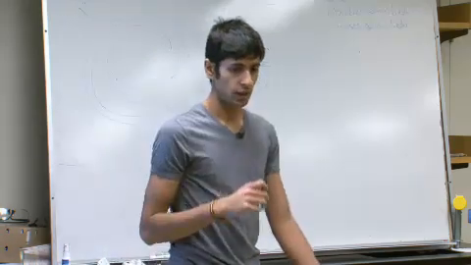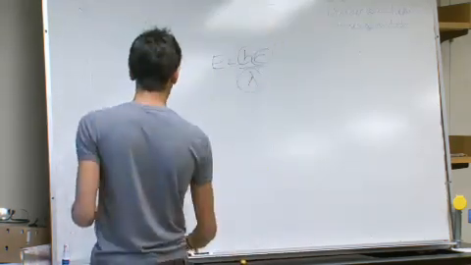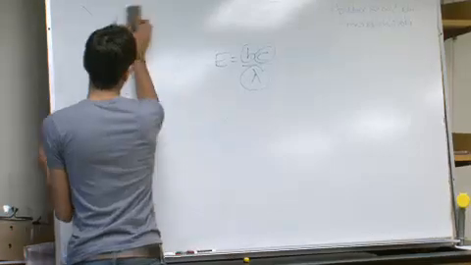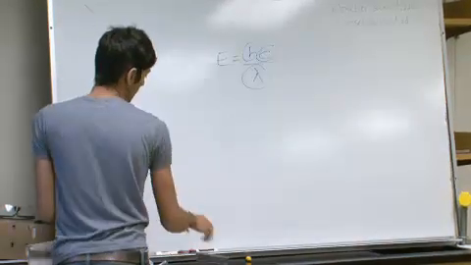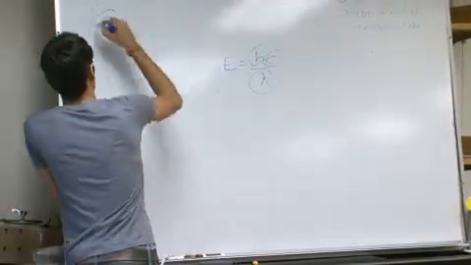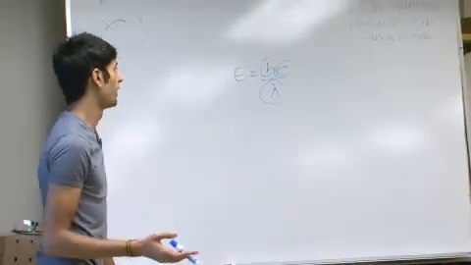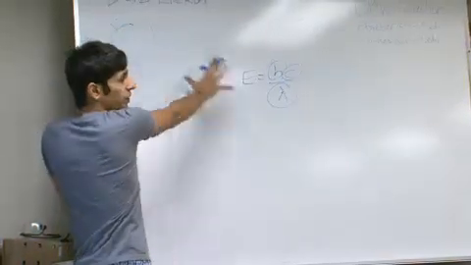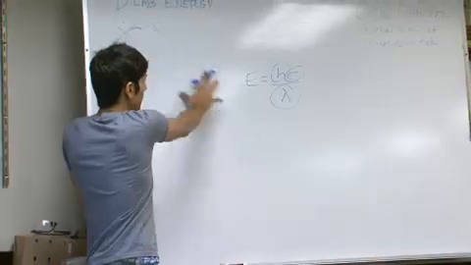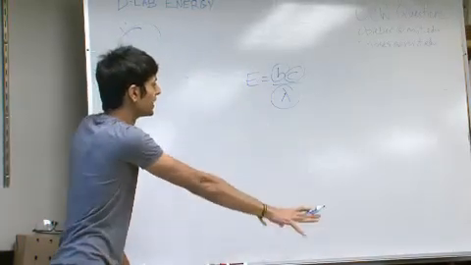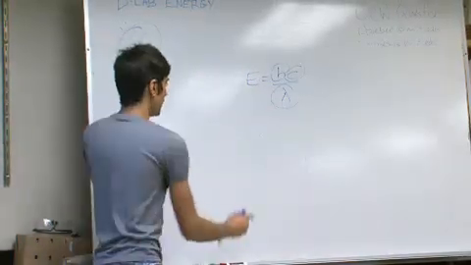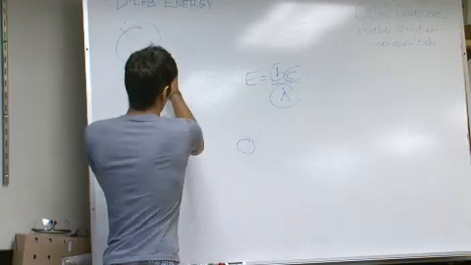Cool. So you have your sun. What you're looking at is radiating a bunch of electromagnetic waves in the form of, I guess, photons to the Earth, which is here.